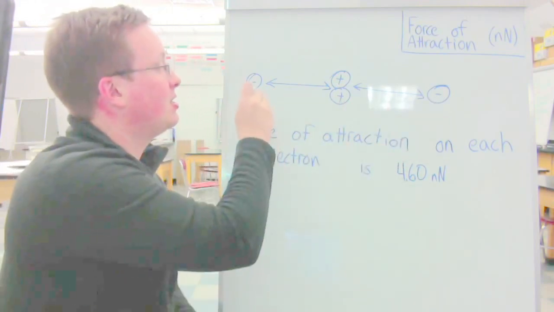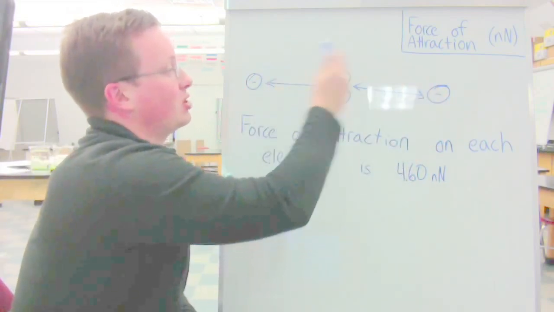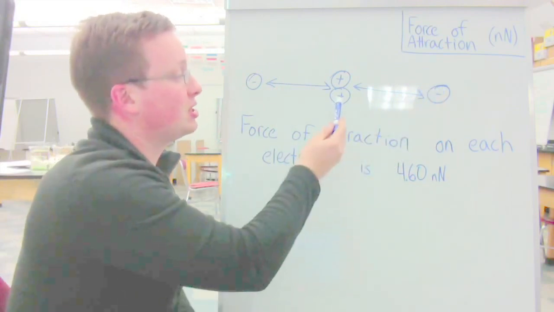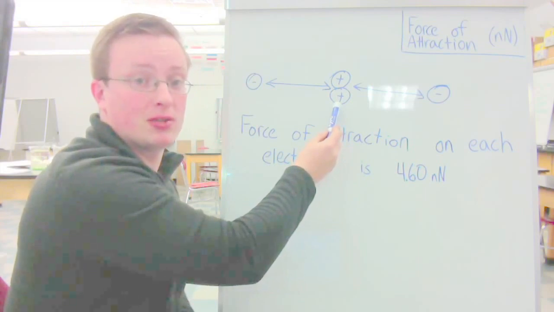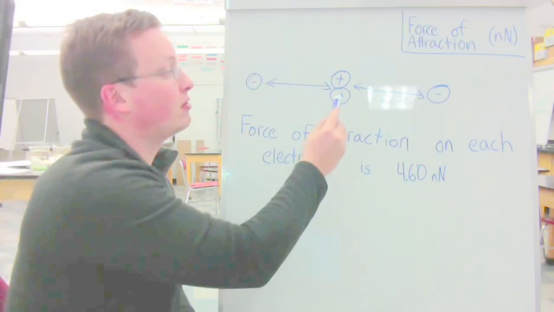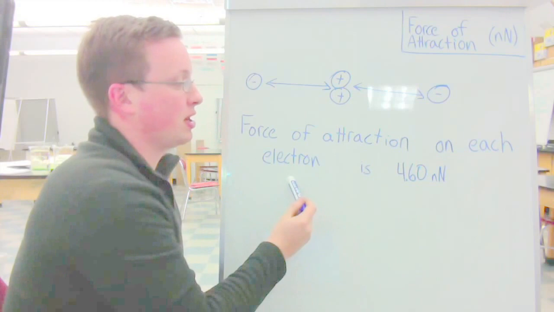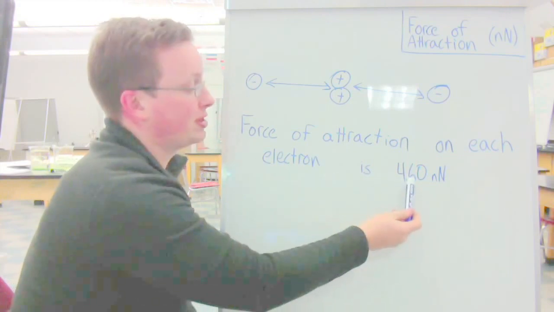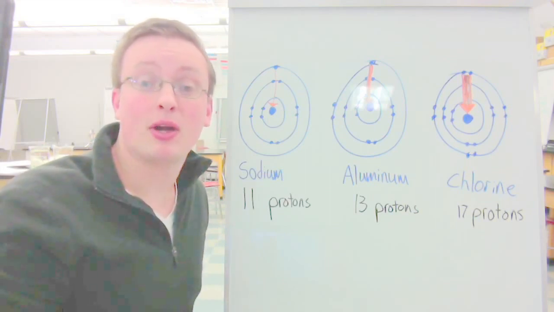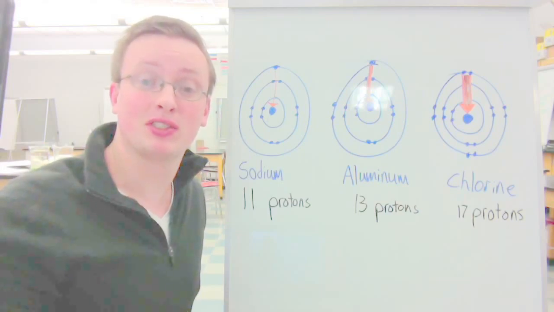That's because this electron and this electron have no impact on each other in this situation. All they experience is the attraction due to the protons. So, just like in the previous example, when you have 2 protons, force of attraction on each electron is still 4.6 nanonewtons.